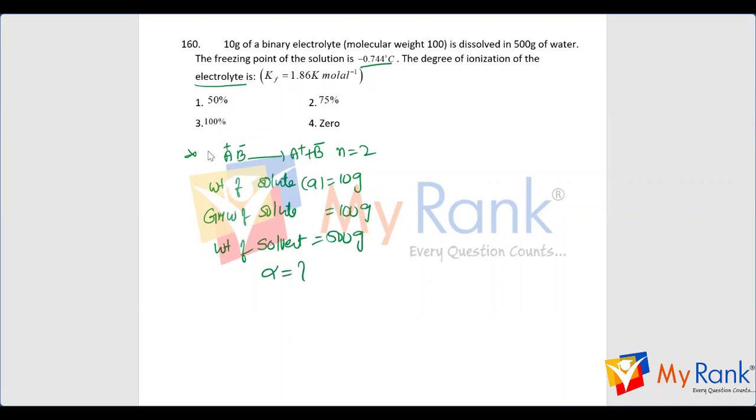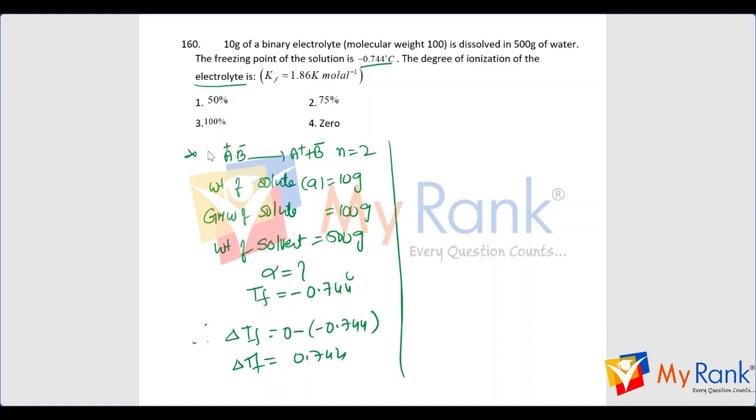The freezing point is minus 0.744 degrees. Because water is taken, its freezing point is 0, so delta TF is 0 minus minus 0.744, which is 0.744.